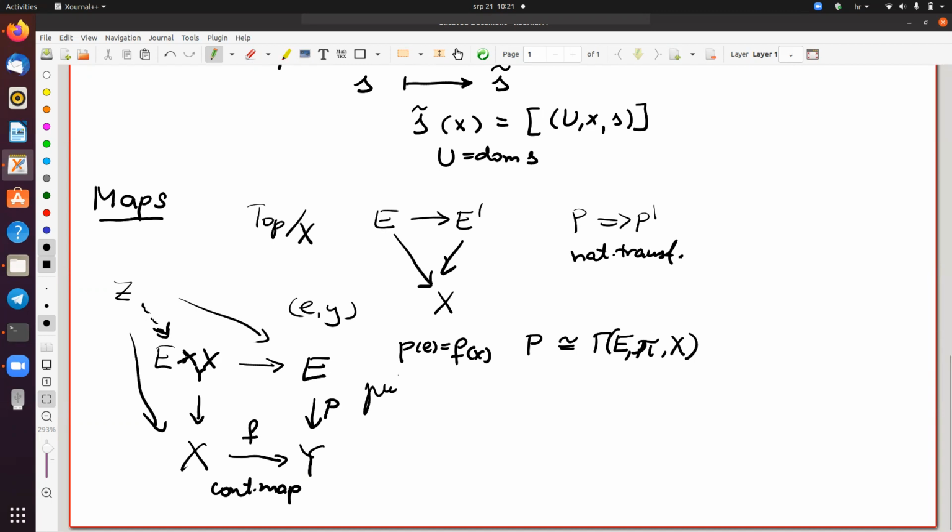So the pullback of an étale space is étale. And this will give us a third description of maps, only if they are étale spaces.